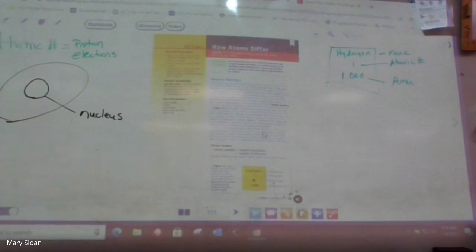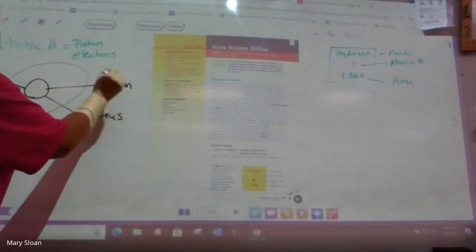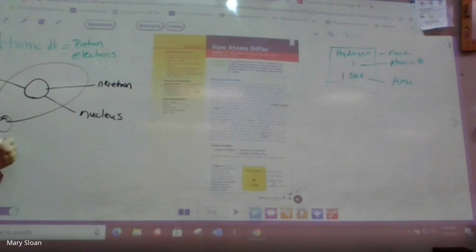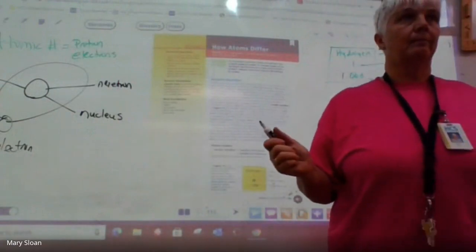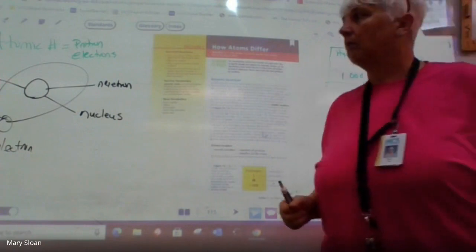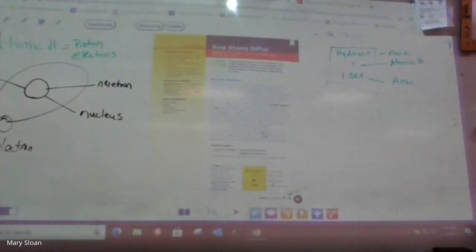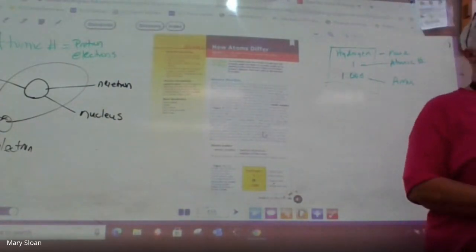Inside the nucleus is where we have protons and neutrons, and then our electrons go on the outside of the atom. Okay? Please make sure you drew that in your book. We just learned that the number of protons and electrons is going to be equal to the atomic number. Is everybody good so far?